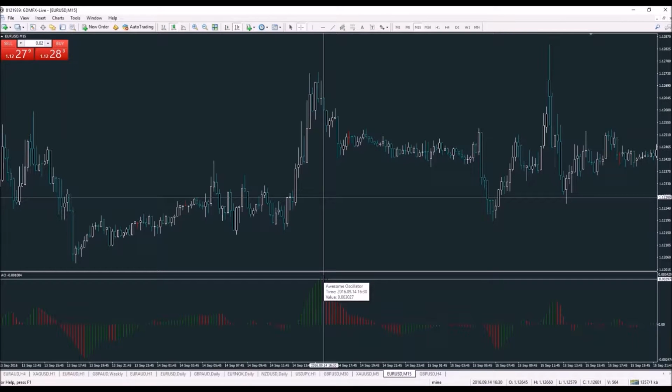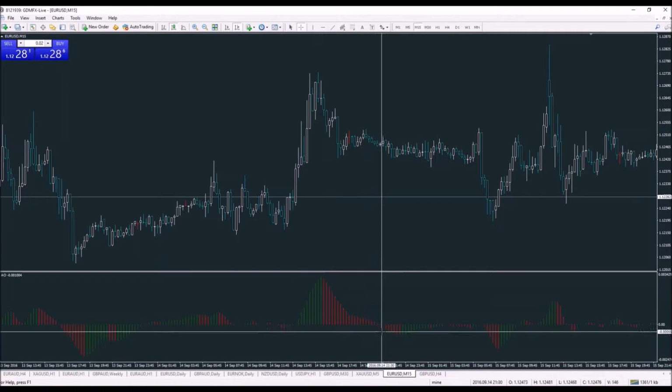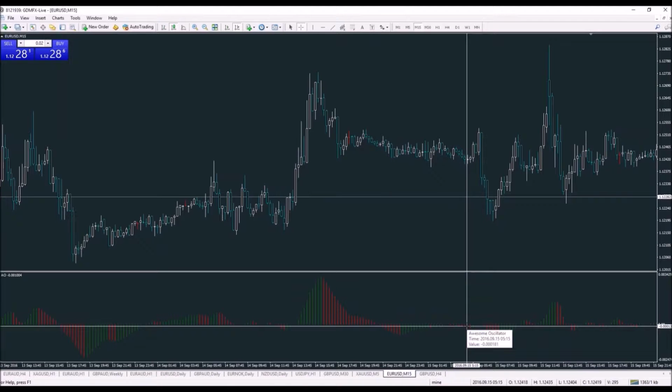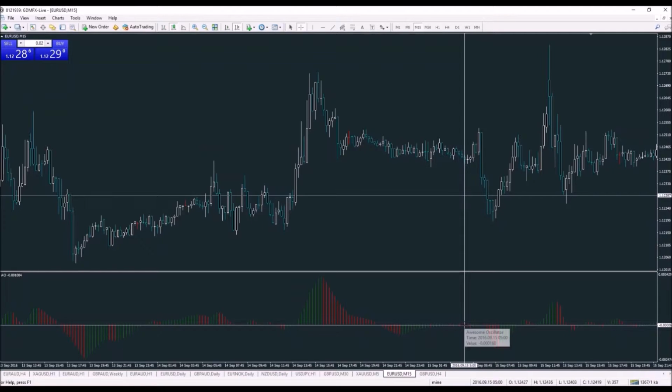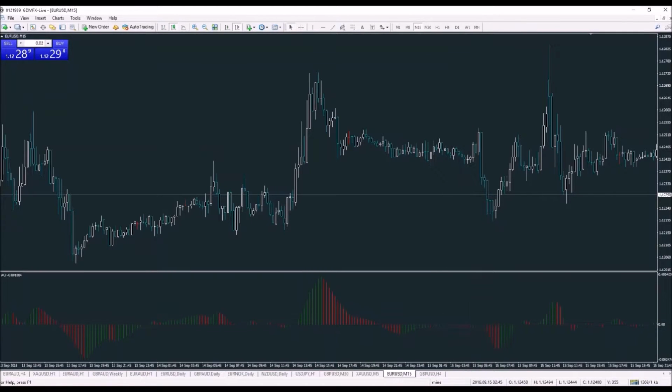However, the one fact that we have to consider is that using it as a standalone indicator can give us a lot of false signals, especially on sideways directions like this one here. And then we can obviously see that it's not a very reliable indicator which you can use on its own.